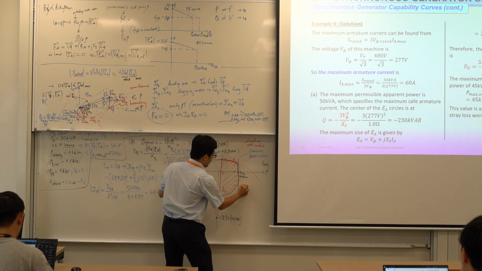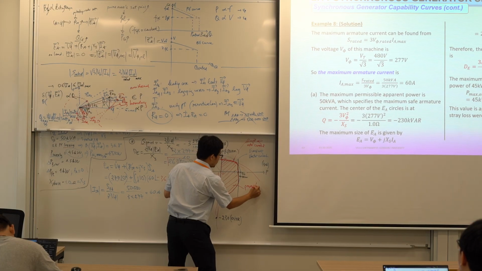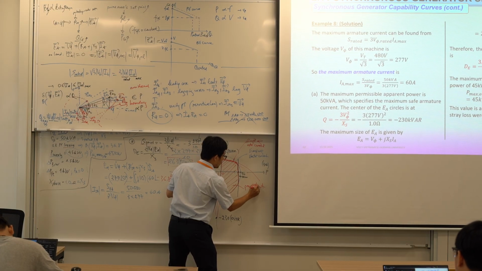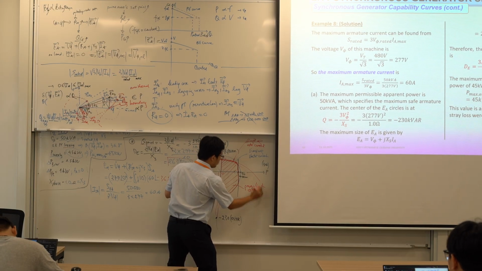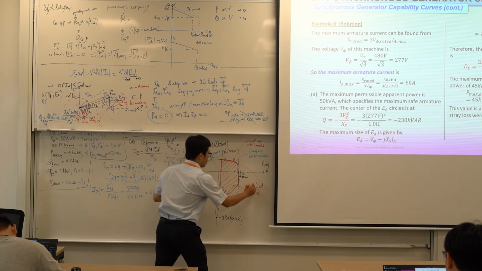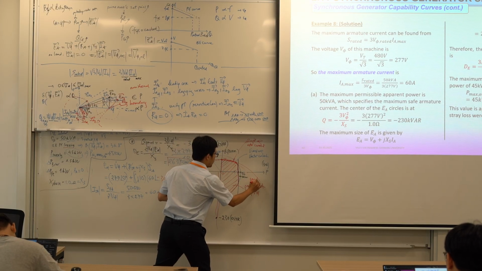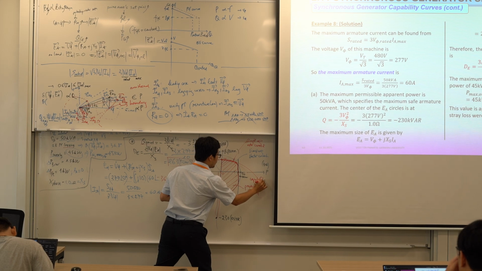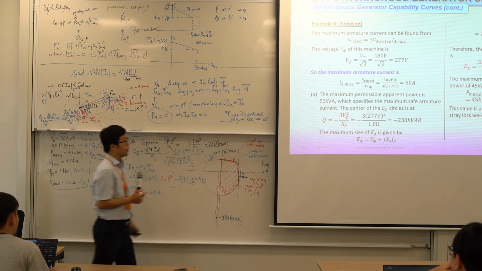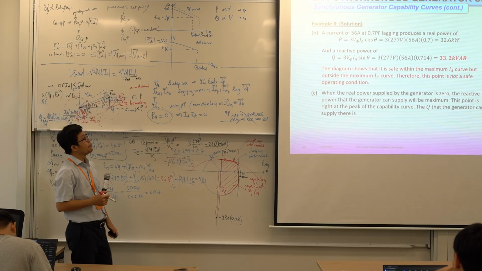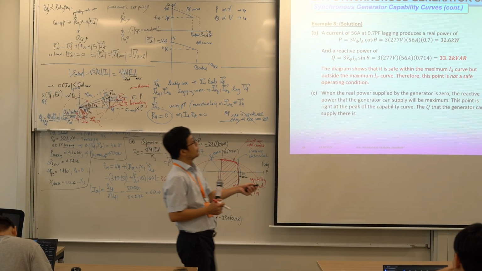So this is the power capability limit of the synchronous generator. That's all.